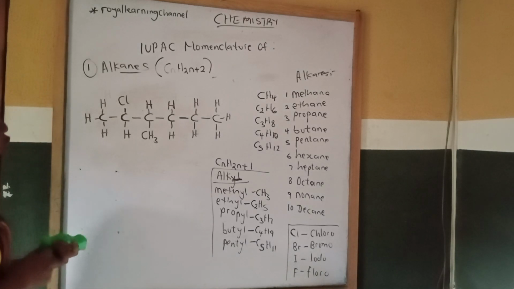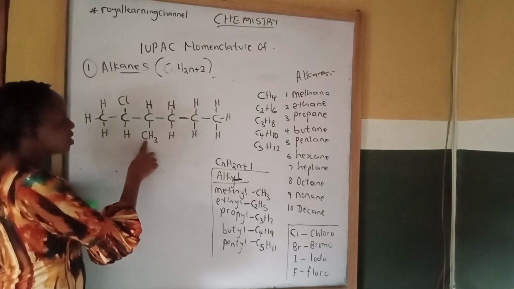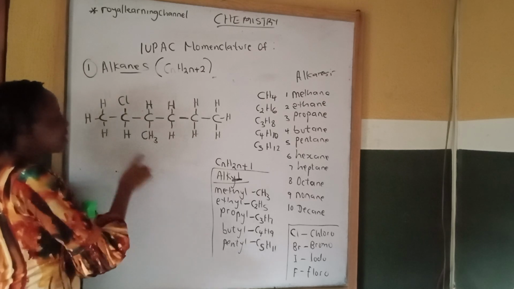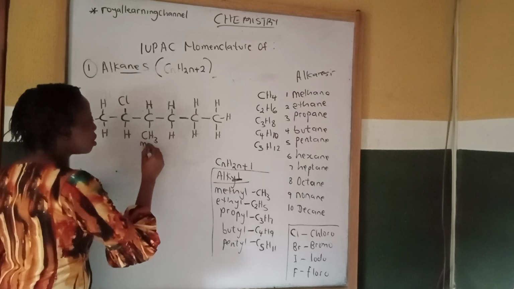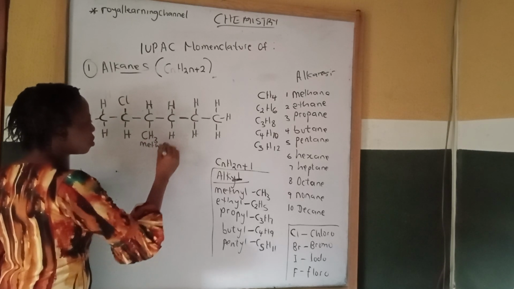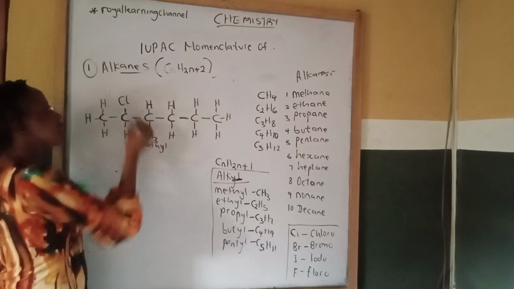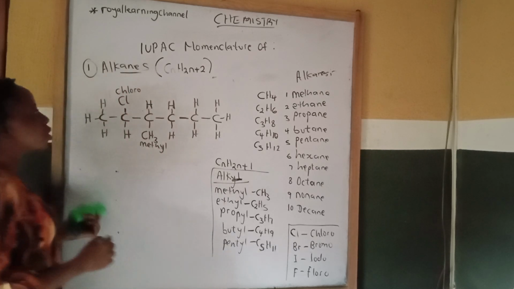This is another structure. This time around, we have two different substituents, CH3 and Cl. CH3 is methyl, while Cl is chlorine, which sounds chloro.